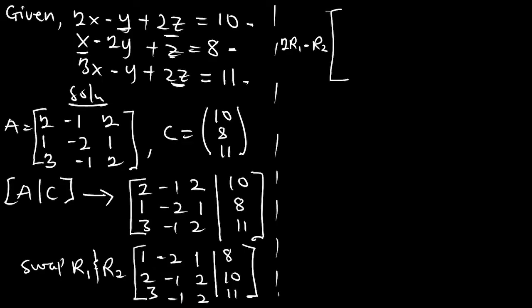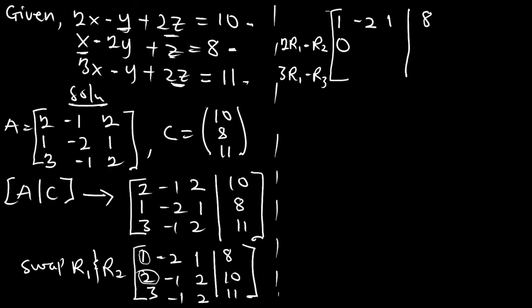And on row 3, I'm going to say 3 times row 1 minus row 3. So I'm performing two operations on this part, meaning row 1 is not affected. It is going to be the same, 1, negative 2, 1 by 8. Row 2 is going to be 2 times row 1 minus row 2. So 2 times row 1, which is 2, negative 4, 2, minus this 2, that is 0.